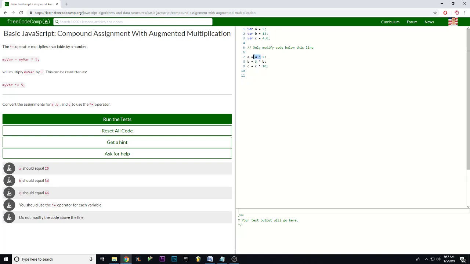So you can do a times equals 5, so a is now a times 5. b times equals 3, and c times equals 10.